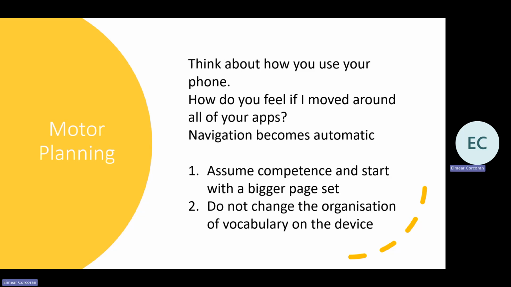So your brains and your hands remember where things are, and AAC works the exact same way. Once a child learns where the words are on the device, we shouldn't change their location because that's where their brain remembers. Some people feel like, oh God, there's so much vocabulary on the device, but we always want to provide a larger amount of language so that you can keep providing more models and expand the child's language skills as they grow.